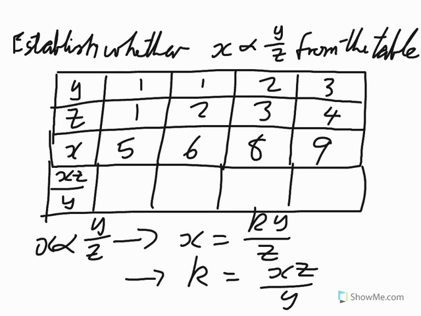So in the first one, 5 ones are 5, divided by 1 is 5. 6 twos are 12, divided by 1 is 12, and so already straight away we can see that's not right, because remember this here is a constant, and that constant has got to be the same for every set of data, and in that one it's not.